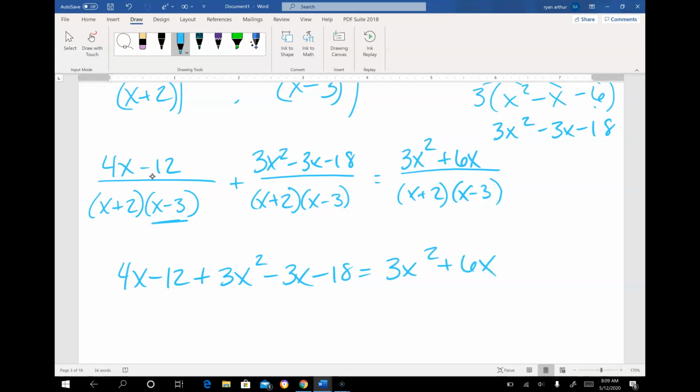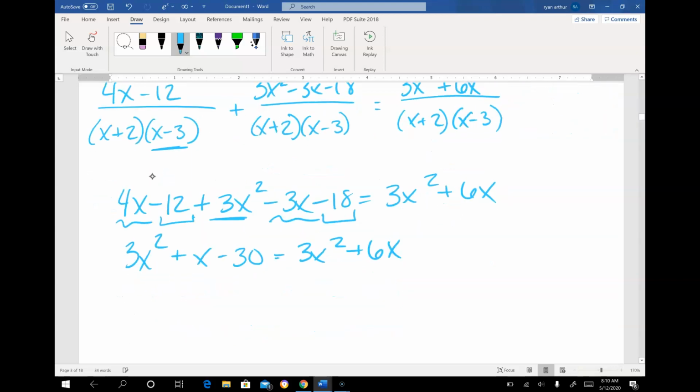Okay. Of course, we need to clean this left side up majorly. So let's start with standard form. So that's a 3x squared. 4x and negative 3x is an x. And then a negative 12 and a negative 18 is going to be a negative 30. And that's going to equal 3x squared plus 6x.